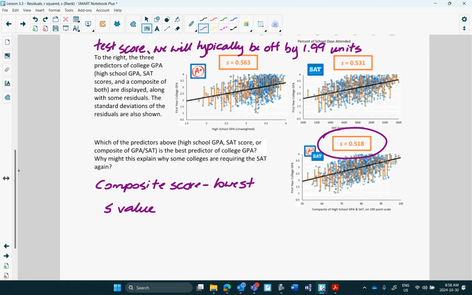But the thing is, which one's the best? It's hard to say. Sometimes the average is lower when the tests are harder.